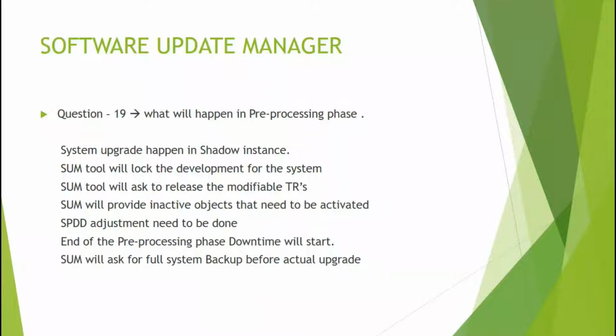It will provide a list of inactive objects that you have to activate. So you can contact your ABAP team and ask them to activate. Otherwise, if you have that kind of access, you can also go to SE11 or SE84 and activate the inactive objects.